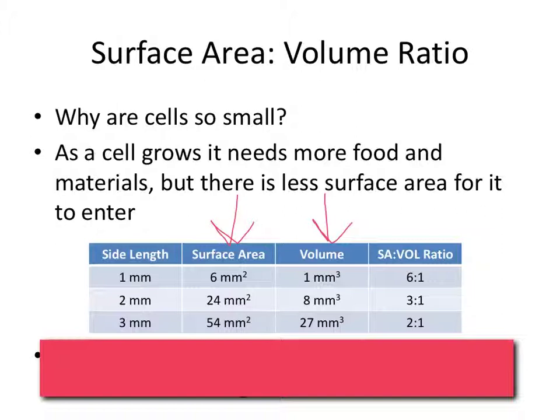So when a cell is small, for example, it needs 1 unit of stuff, and there's 6 doors for that to get in, right? That's a pretty good ratio. Really easy to get that stuff in. As it gets bigger, now it needs 8 units of stuff, and there's 24 doors. So that ratio is a lot smaller.